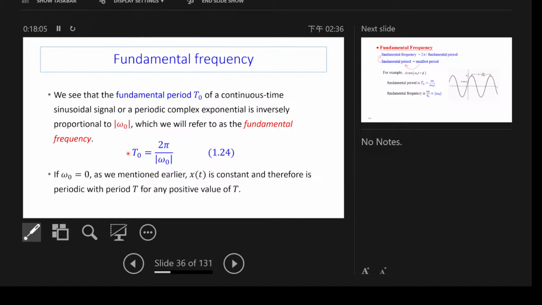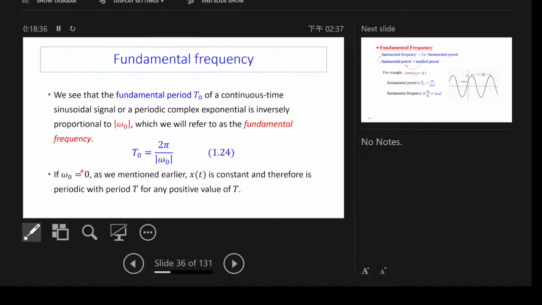And we know the fundamental period is 2 pi divided by the absolute value of the fundamental frequency. This is just a definition: the absolute value of omega 0 is the fundamental frequency.